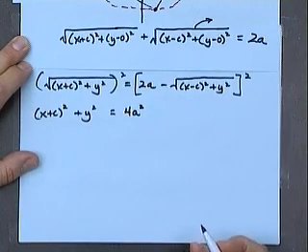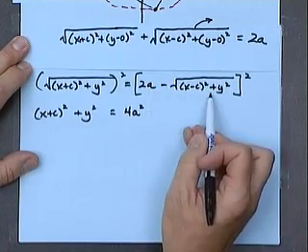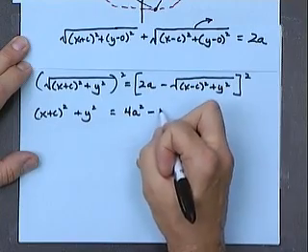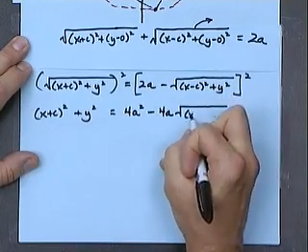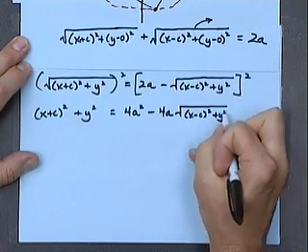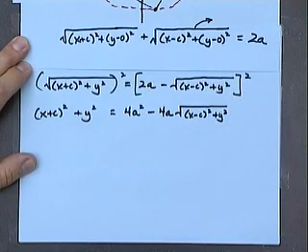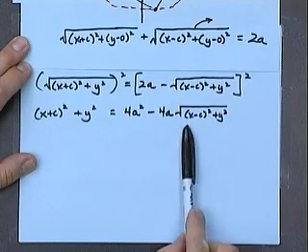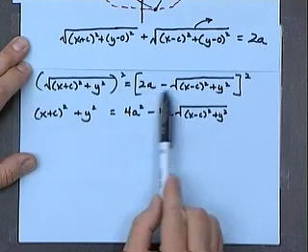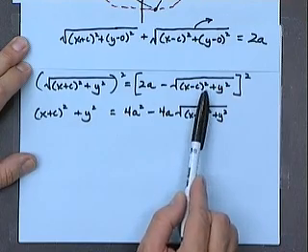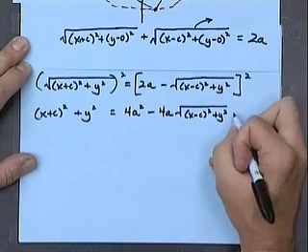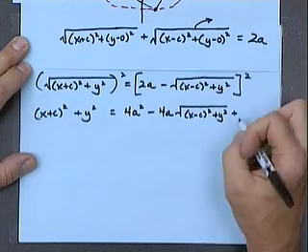Here's the bad part, unfortunately. The middle term is twice their product. But the last term, everybody see where that's coming from? It's twice their product for the middle term. And then the last term is this last term squared, which is a square root squared.